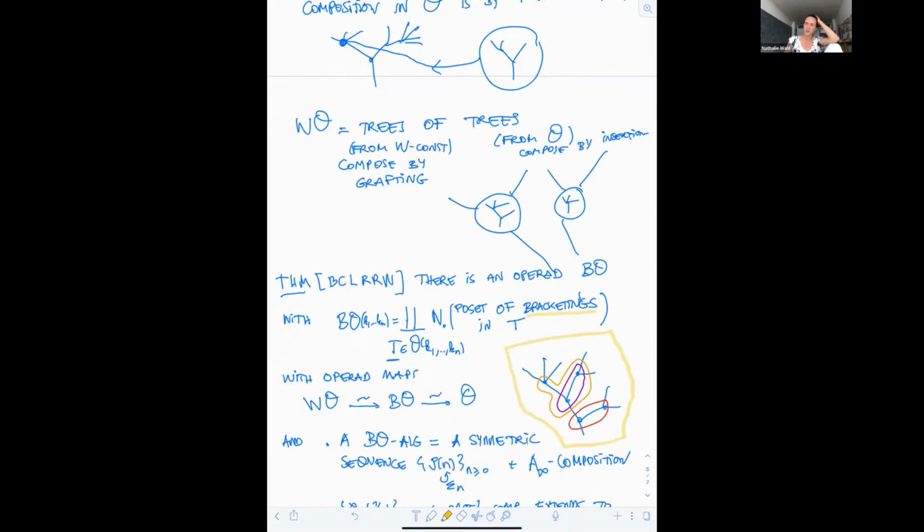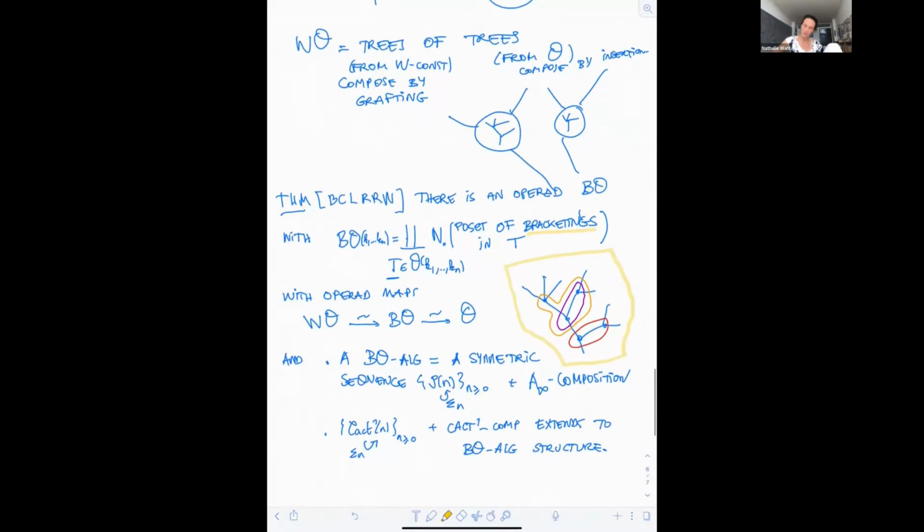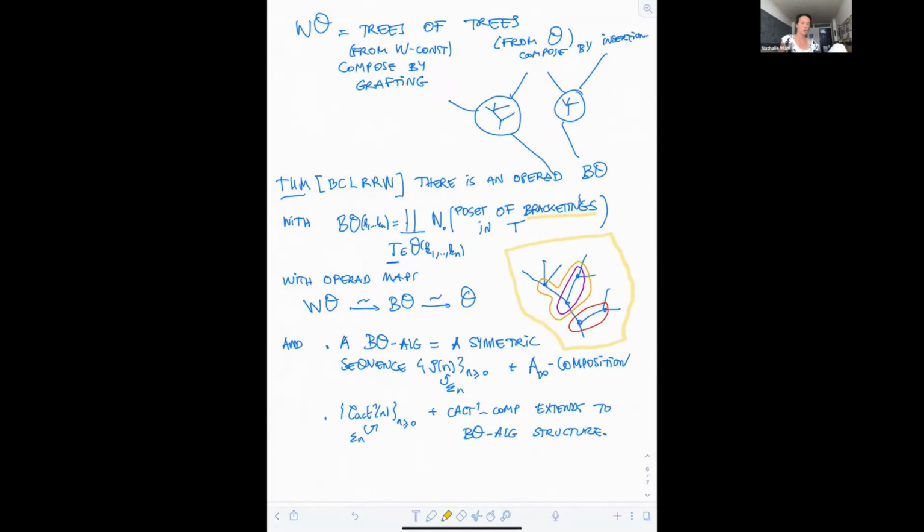And this is totally analogous to what we did with the A infinity operads. When we were looking at A infinity algebras, we were asking how to talk about an algebra which is associative up to homotopy. Well, I look at all the possible bracketings of the algebra, and you can formulate the A infinity operad exactly in this manner.